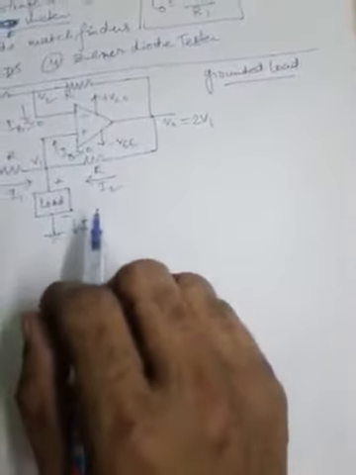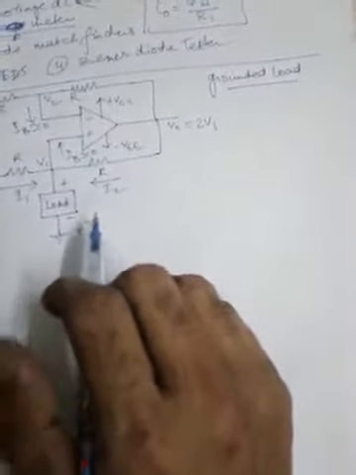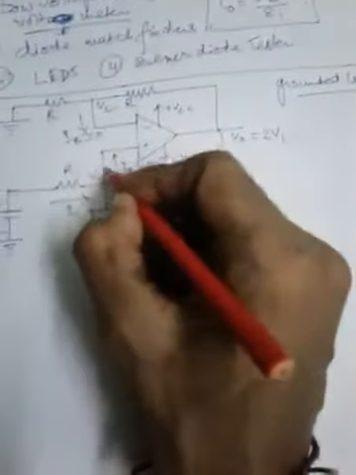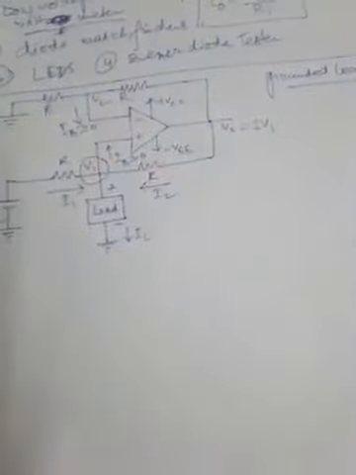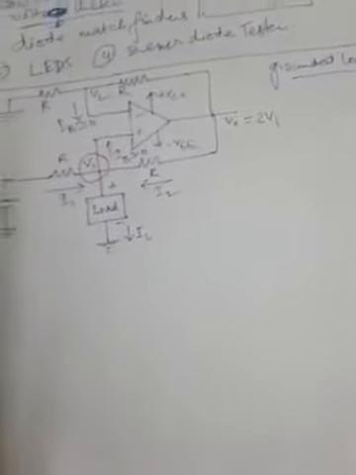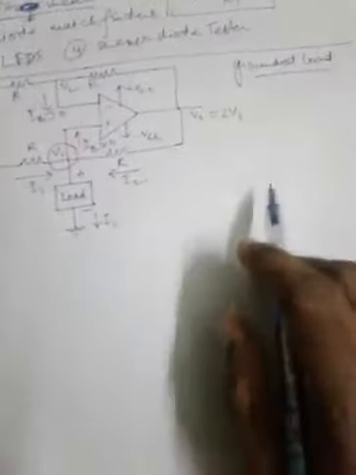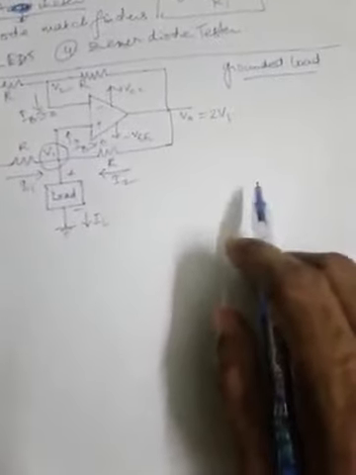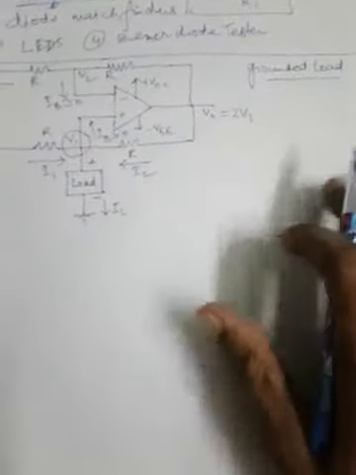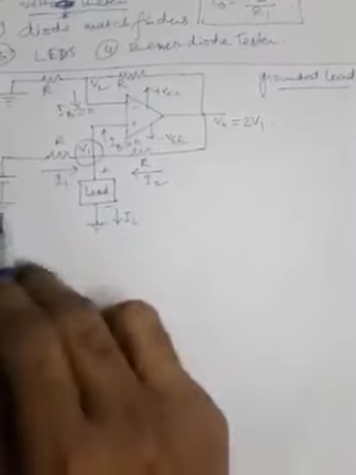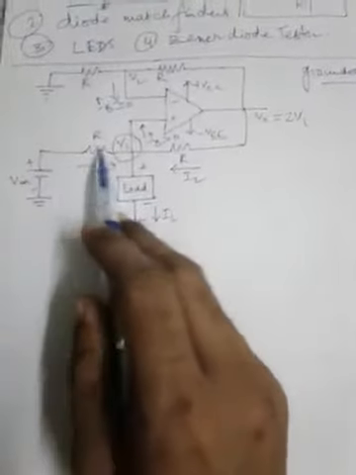The analysis of this circuit can be done by first determining the voltage V1 at the non-inverting input terminal. That means we will be determining this particular voltage V1. And then we will establish the relationship between V1 and the load current. That means this I1 that is being flown because of Vin.